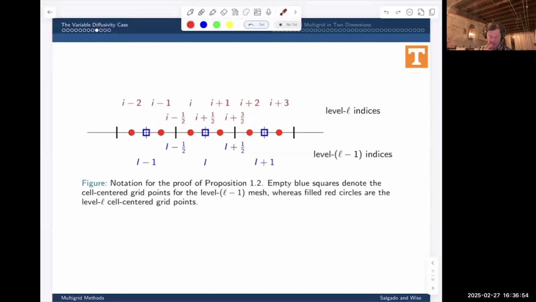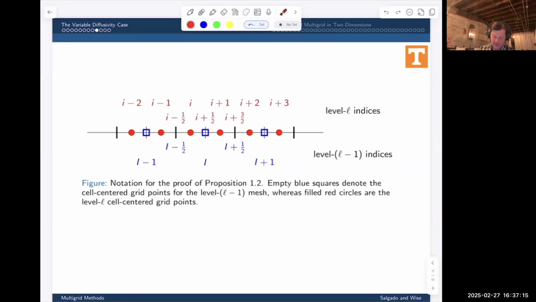It just so happens that they kind of line up so that this point here is labeled i, this is i plus 1, i plus 2, and so on, little i. This is I on the coarse grid, but it's labeled with capital I, capital I plus 1, capital I minus 1, etc.